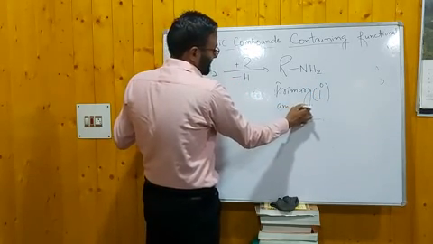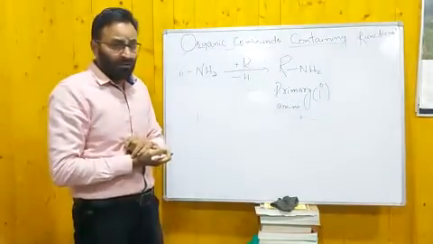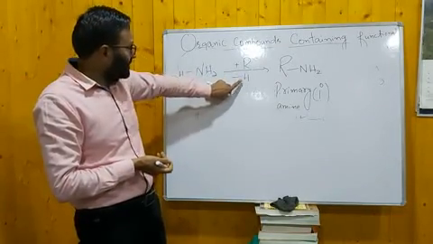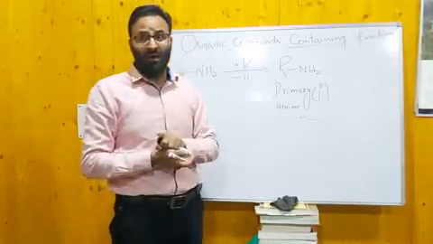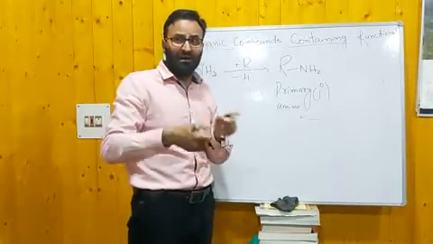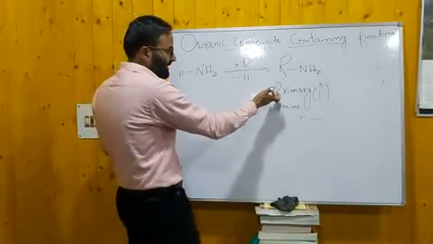Now you know the R is either aliphatic or aromatic, so you will have the primary amine.